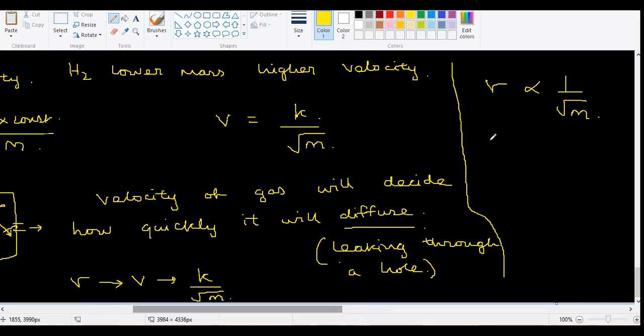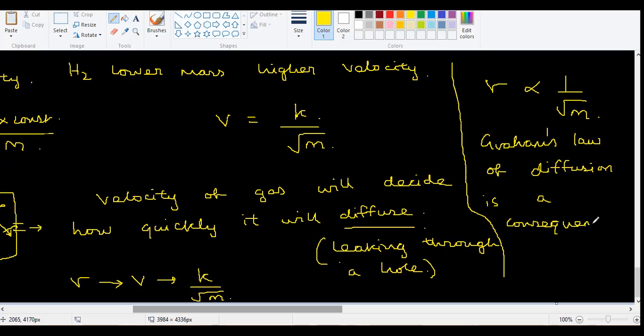So Graham's law of diffusion is proved, or we can say Graham's law of diffusion is a consequence of kinetic theory.